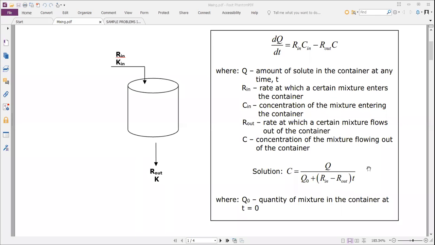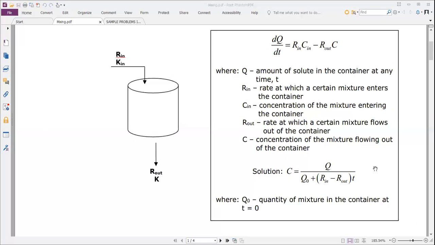That would be the net surplus of liquid entering the tank, or the net deficit of the liquid entering the tank, in cases wherein your rate in and your rate out are not equal. If your rate in and your rate out are equal, this term here is 0.